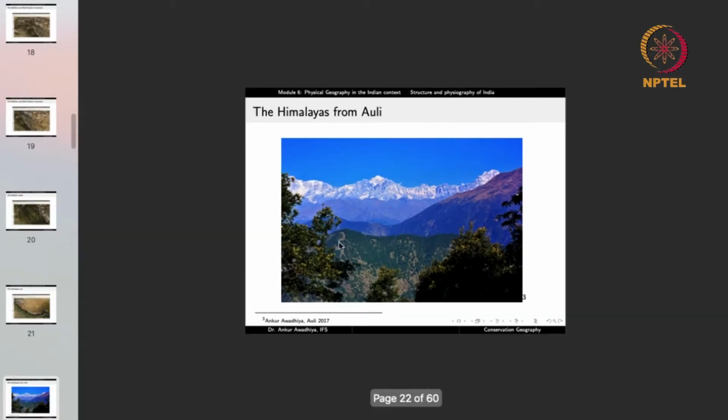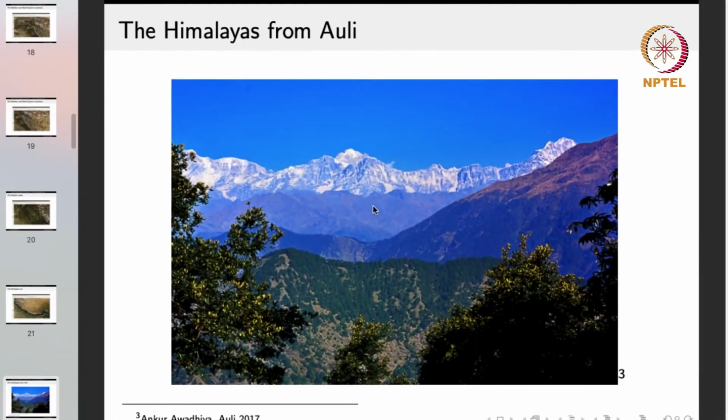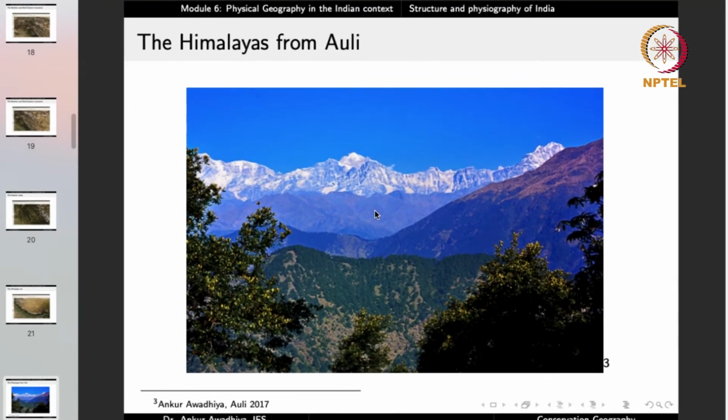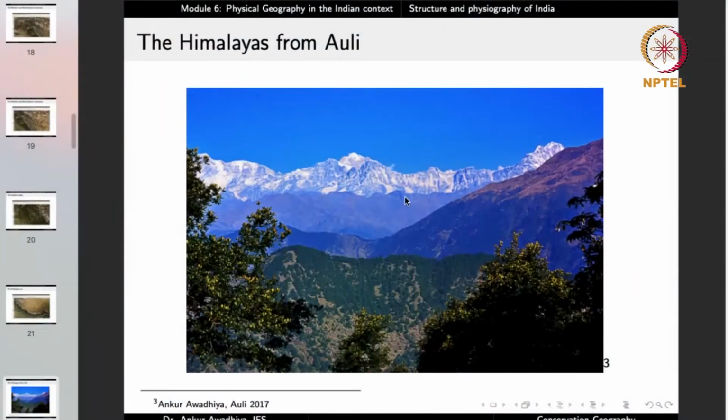Then after the Himalayan arc, this arc is made obvious at a number of locations, and the arc is comprised of several ranges. So we have the Greater Himalayas, also known as the Himadri, we have the Himachal ranges, we have the Shivalik hills and so on. If we have a look at the Himalayan ranges, we'll find that we have rows after rows of hills and mountains.